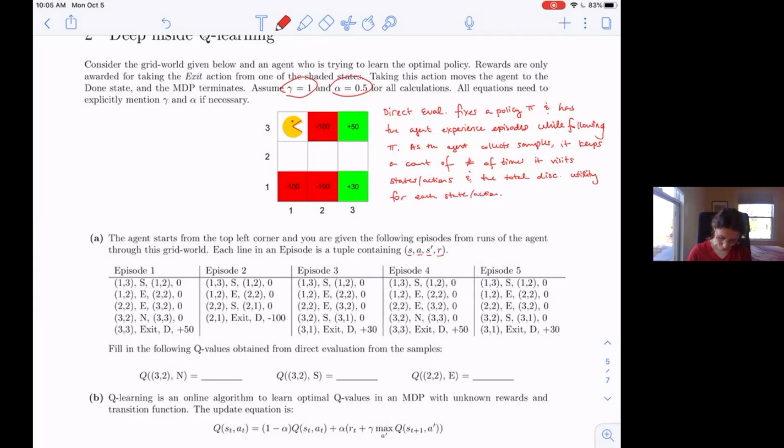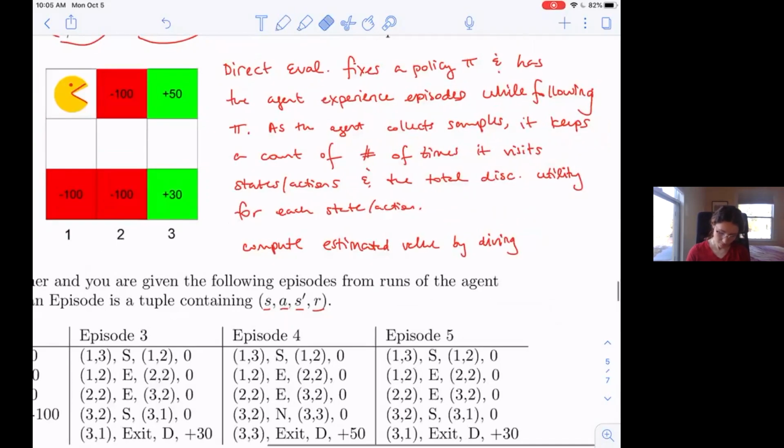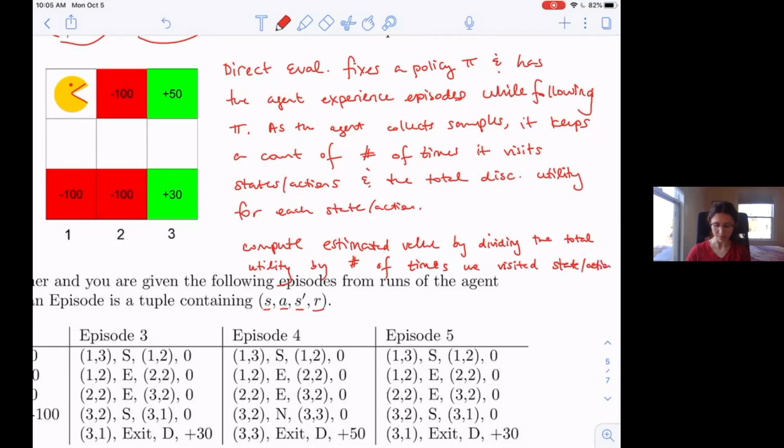Then compute the estimated value by dividing the total utility by the number of times we visited the state or state action pair.